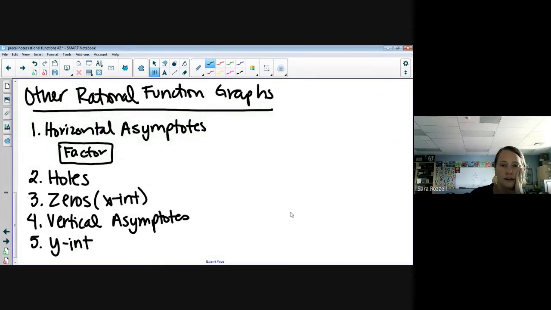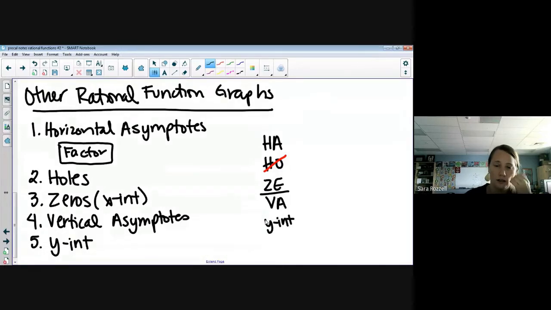This is my little abbreviations to help me remember it. I just abbreviate them. So I say HA, then HO with a line through it, Z over VA, and then Y-int. So I just write it in this order: HA, HO, Z, VA, Y-int.